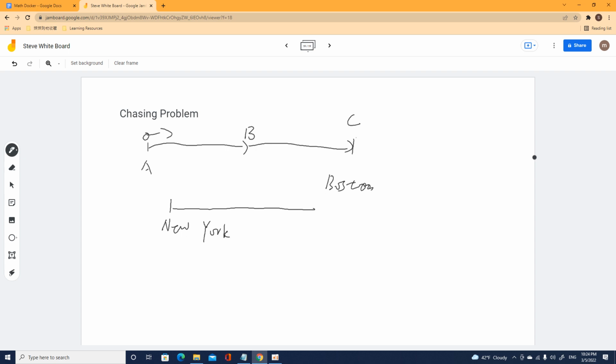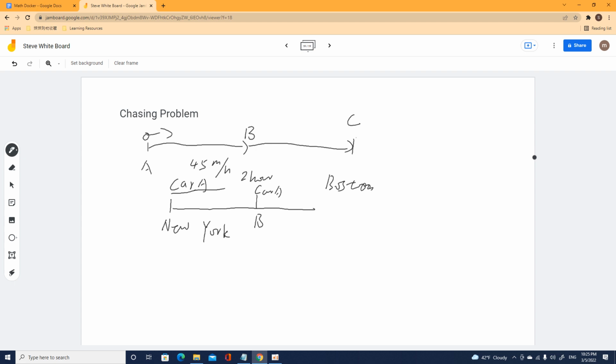The first car we name car A. Its speed is 45 miles per hour, and car A will first drive 2 hours. Imagine after car A drives 2 hours, it arrives at this point. Just imagine this point is B. This is car A.